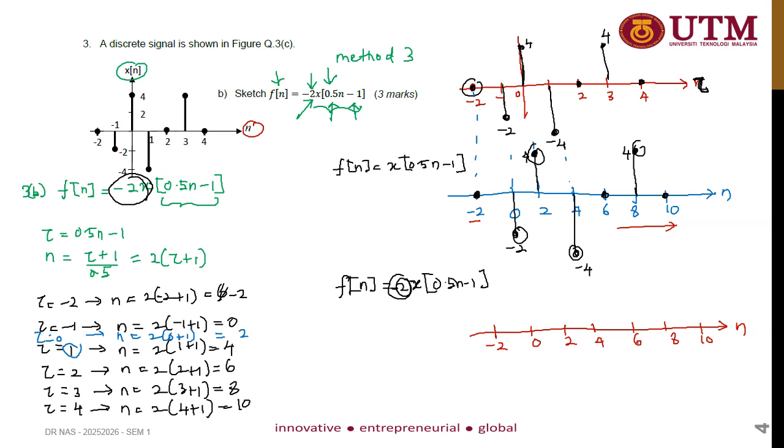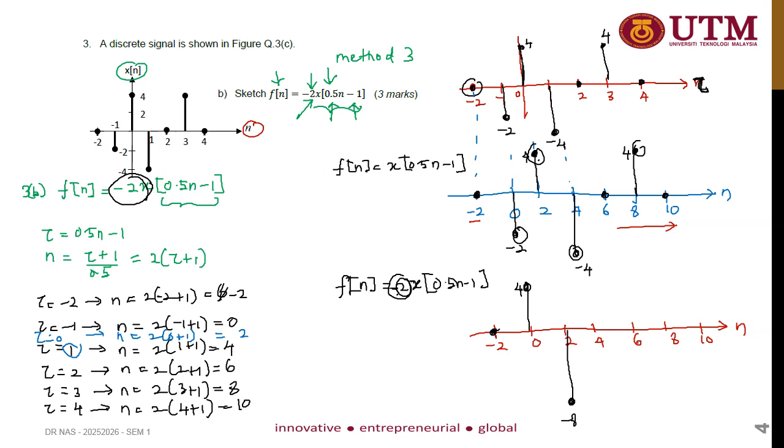The magnitude is 0, so multiplied by negative 2 it is still 0. The second one, at n equal to 0, the magnitude is negative 2, multiplied by negative 2 is positive 4. At 2, it is 4, multiplied by negative 2 is negative 8.